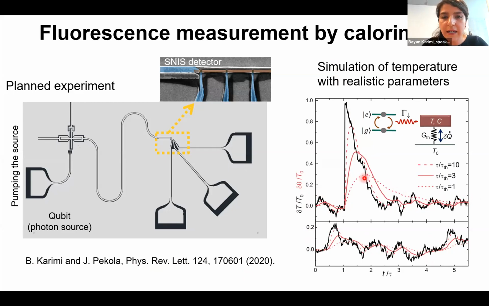The different red lines depend on the different response times of the thermometer, how fast the detector is. Based on the real parameters that we have, we are close to the black line. It means the signal to noise ratio here is 10.